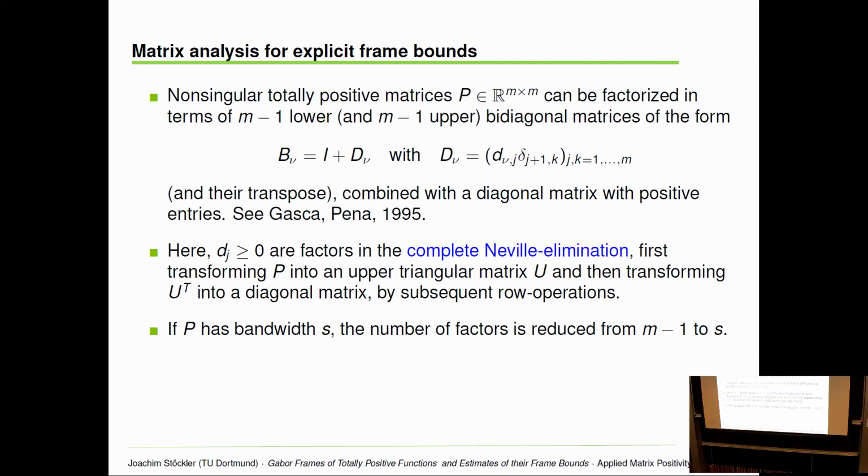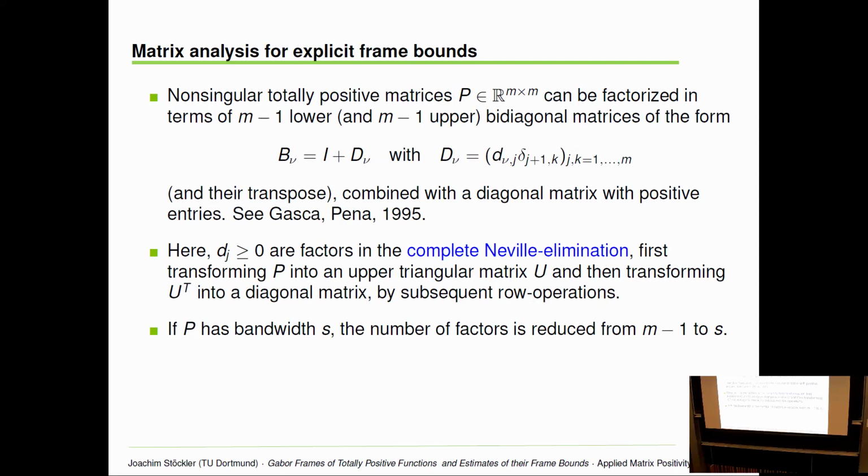Anyway, so they give a representation including the number of bidiagonal matrices you need, and this they claim is their own result. So they can write down an M by M totally positive matrix in terms of M-1 lower and M-1 upper bidiagonal matrices together with a diagonal matrix with positive entries, if the totally positive matrix is non-singular. And then several representations which are unique with certain side conditions of something being 0 or non-zero, etc. So here's my notation for a bidiagonal matrix.